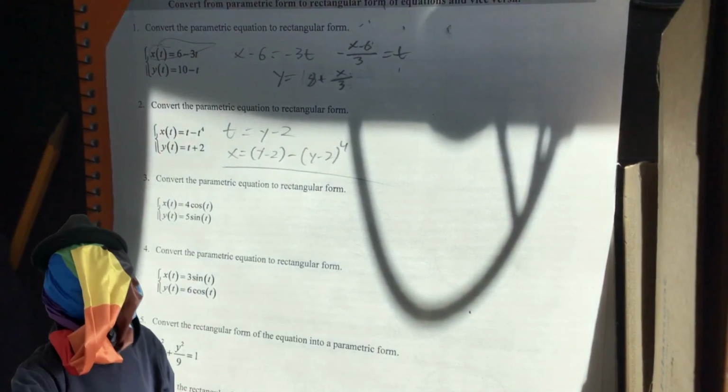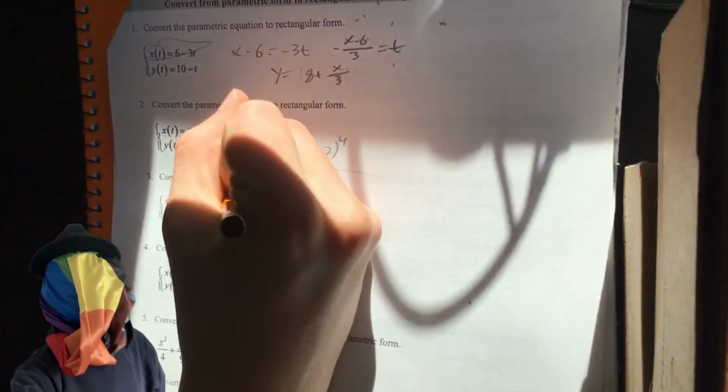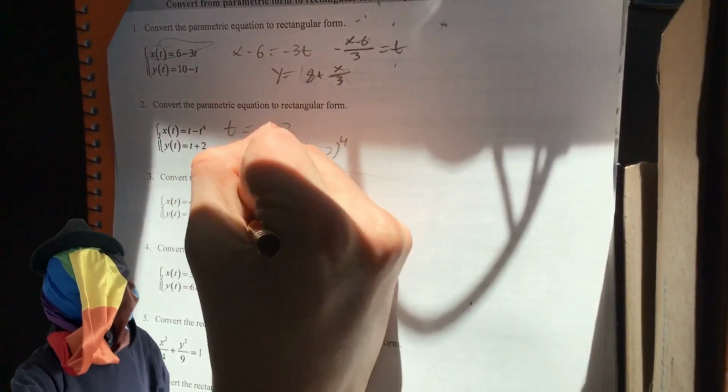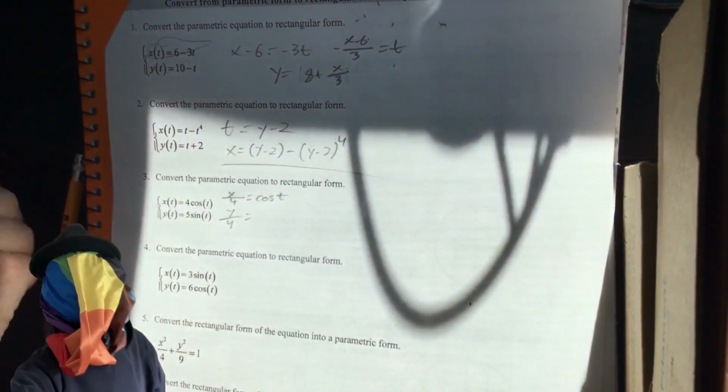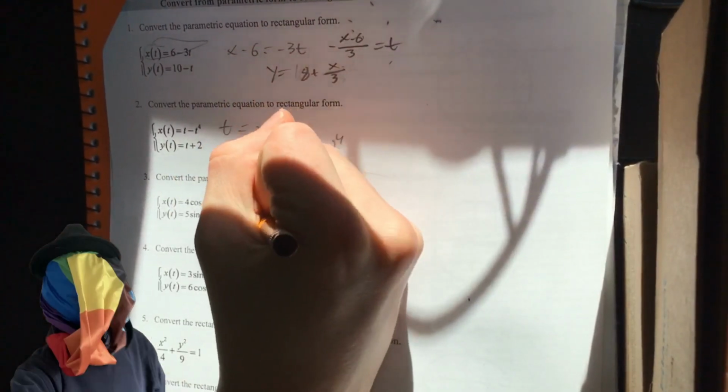Now these, I did them really weirdly on the test. Okay, so the way I'm going to do these: x over 4 equals sine t, y over 5 equals the sine of t.